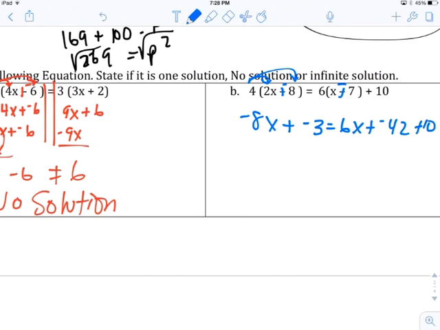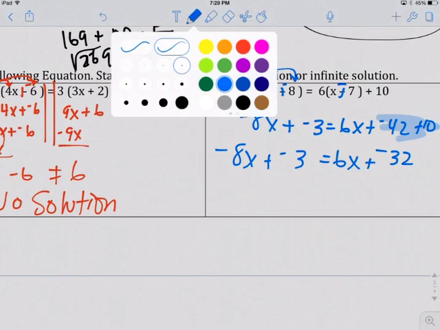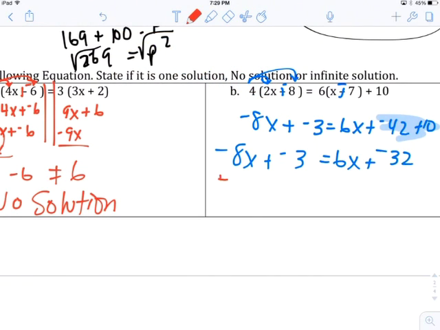Add 10. Combine these. Get negative 32. Okay, add 8x.